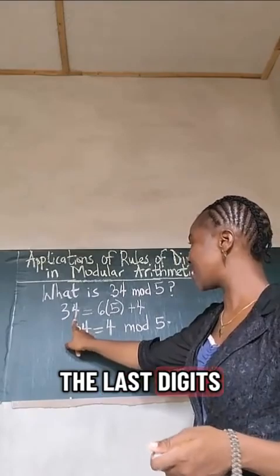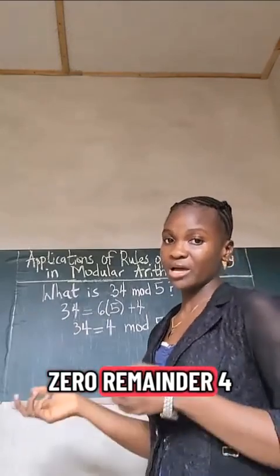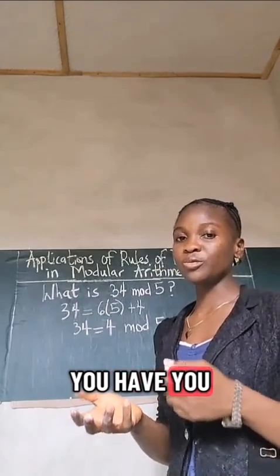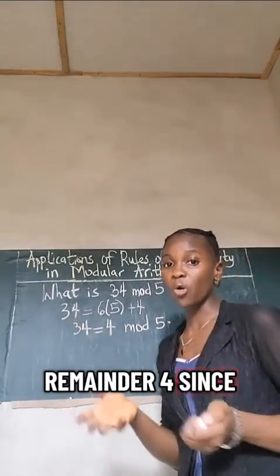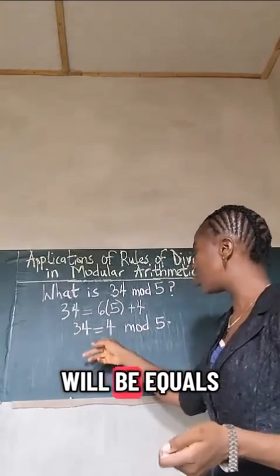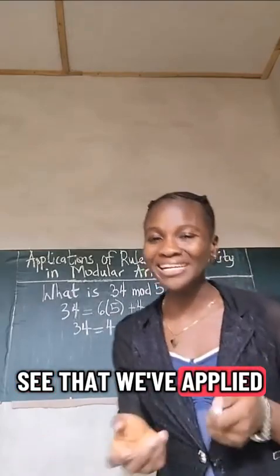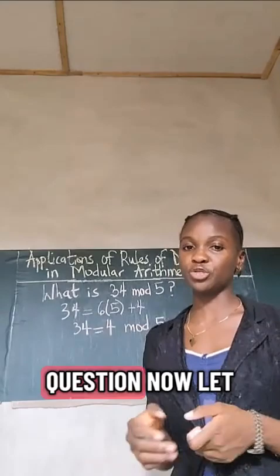The last digit here is 4. If you divide 4 by 5, you have 0, remainder 4. That means 4 is not up to 5, so you have 0, remainder 4. So that implies that 34 equals 4 modulo 5. So you can see that we've applied the rule of divisibility to solve this type of question.